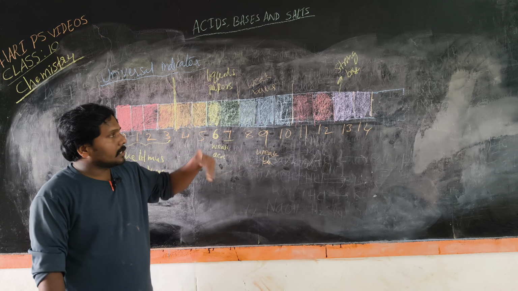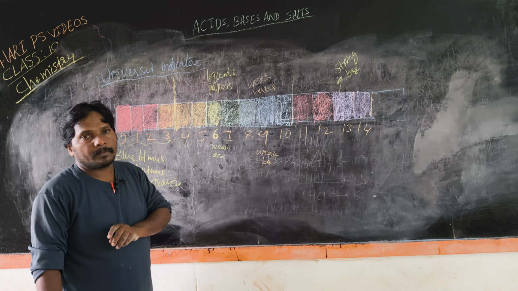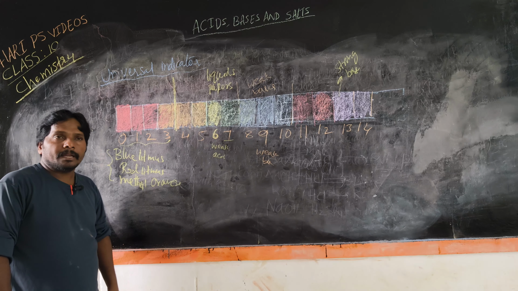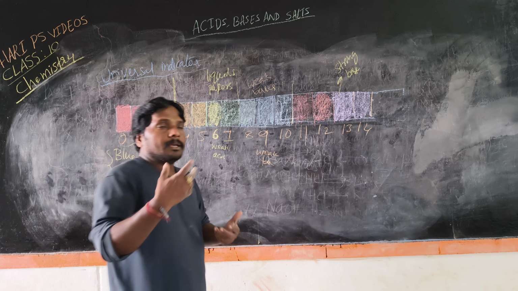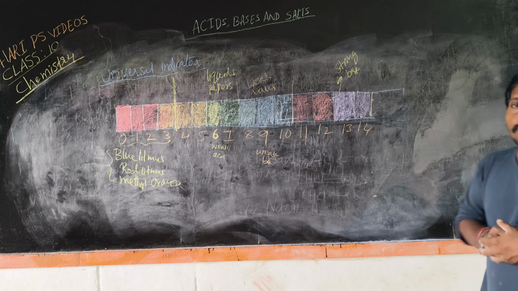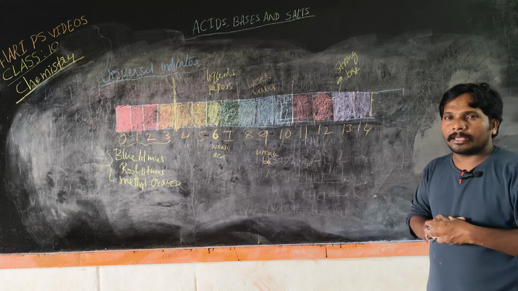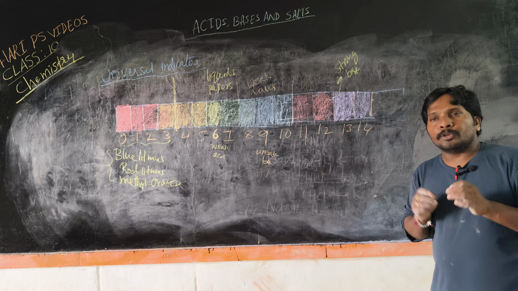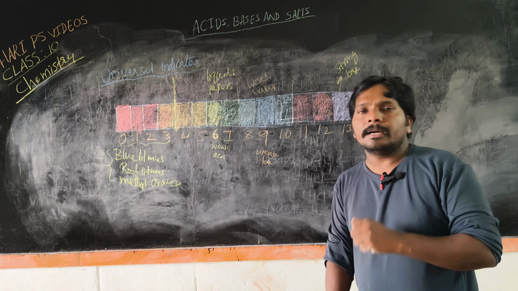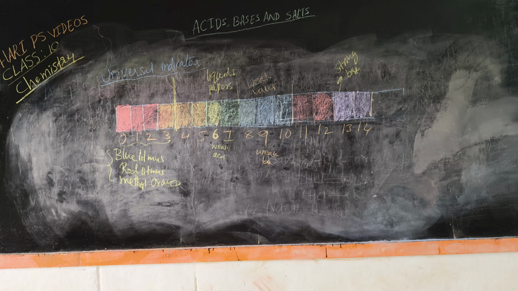If it forms purple, what is the nature of the solution? If it is dark red, what is the nature of the solution? In this way, questions will come in the examination. So you have to understand the concept properly. For better understanding, you have to read the textbook. So this is about universal indicator.